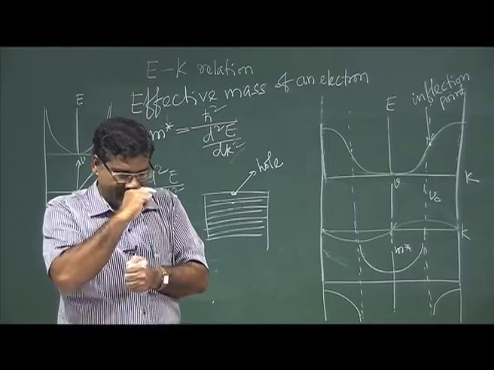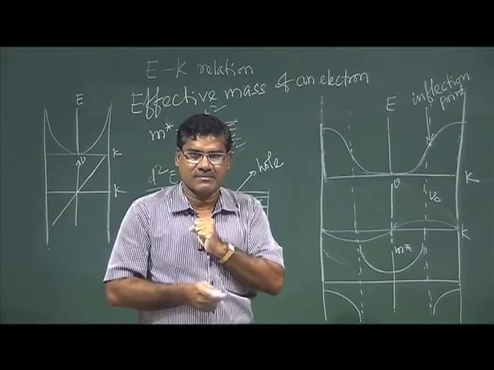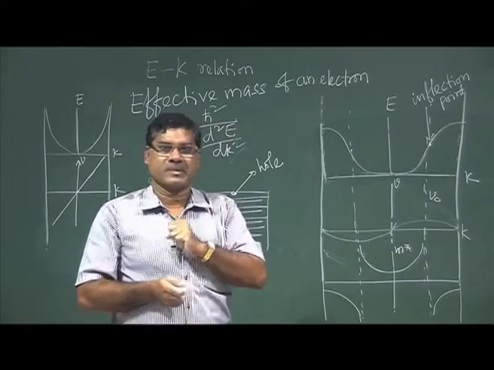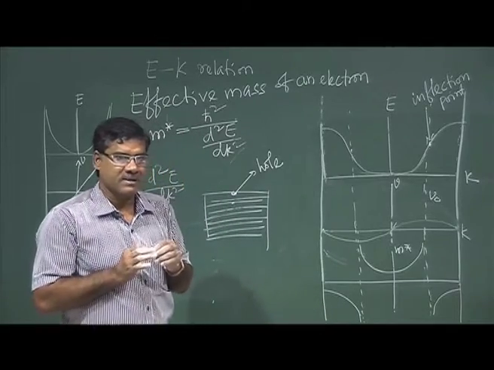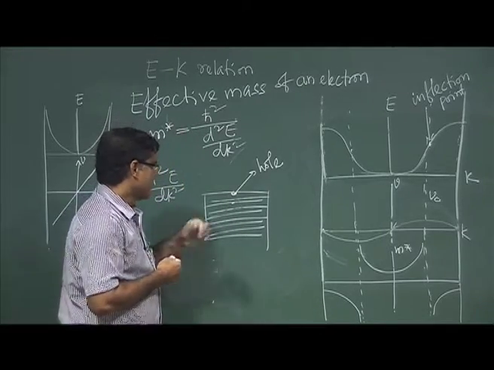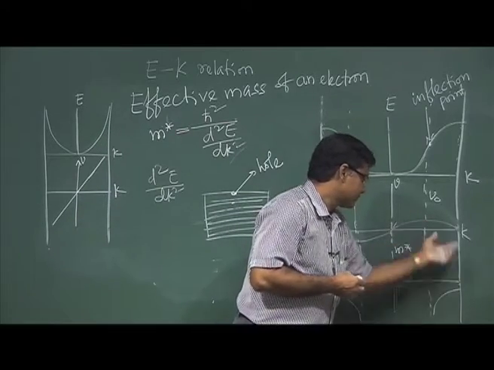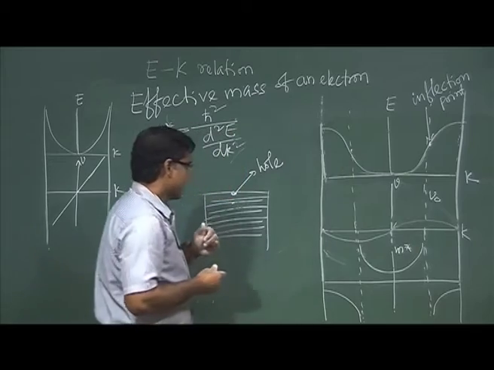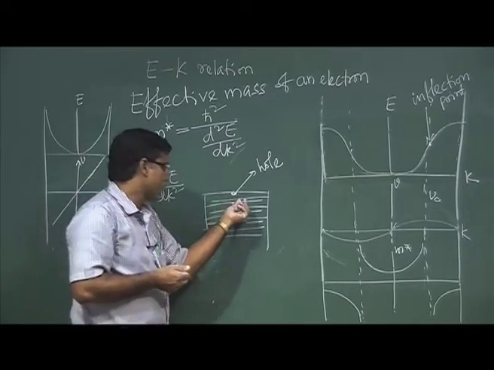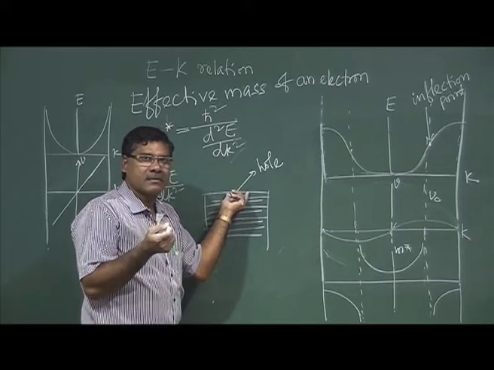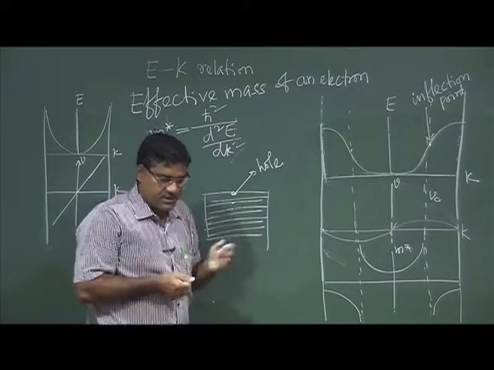Okay. So the electron has basically negative charge and positive mass, right. But in the upper band, we find that the electron behaves as if it has positive charge.